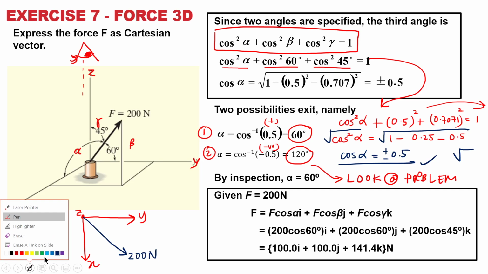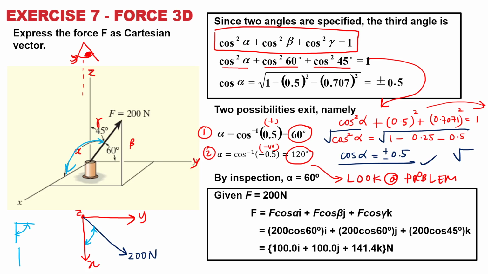Now, draw your angle alpha. Looking from the top, you're going to get something like this. So notice, I do not draw the angle nicely like this. It's actually slanted a bit.